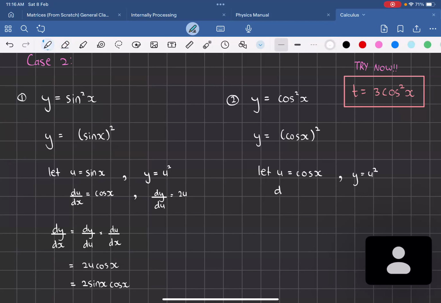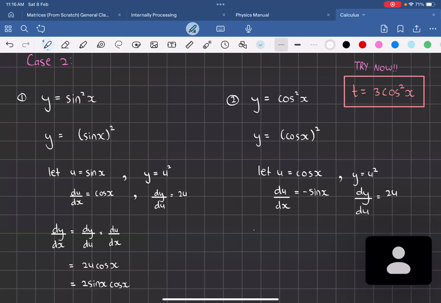We differentiate the function u with respect to x: differentiating cos x gives minus sine x. And we differentiate y with respect to u: differentiating u squared gives 2u.